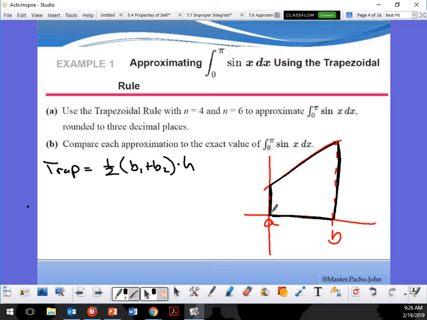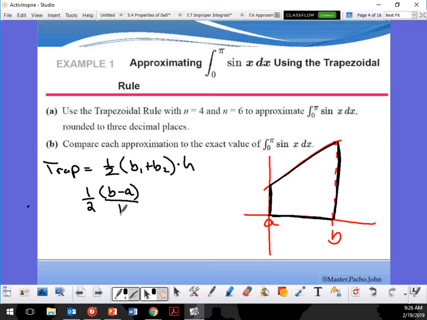So I'm going to have 1/2 times B minus A, and this is going to be divided by how many sections we're going to have. My delta x in this case is divided by how many we would have. He wants to put in the n, but I'm not ready to put in the n yet. Right now that's just one, because I have one trapezoid.